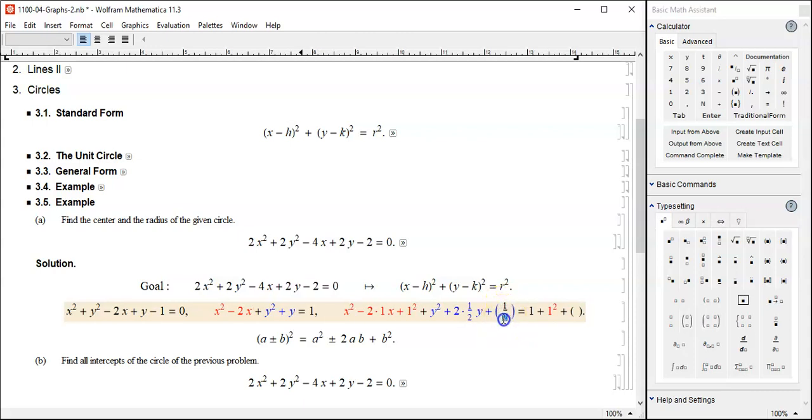Let me just write it as 1/4 here. And then that 2, just 1. And then here, let me write it as 1/4. And that's blue, isn't it?